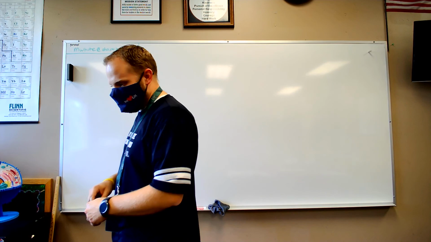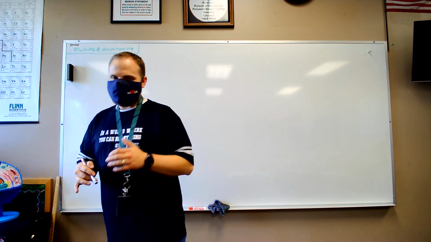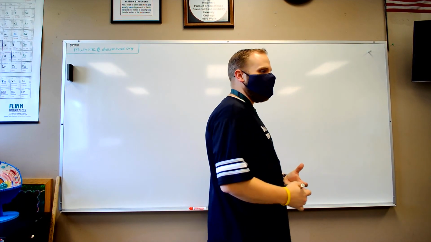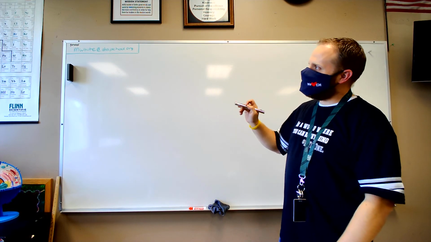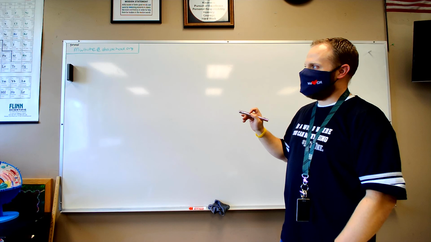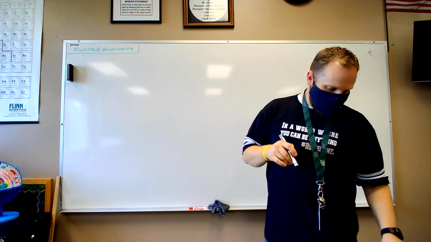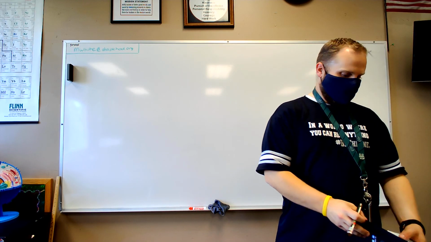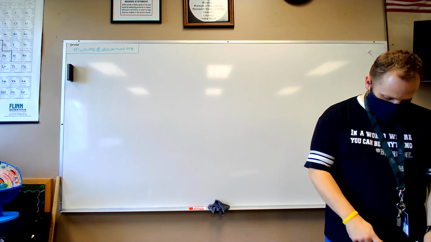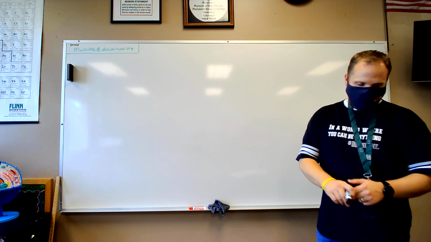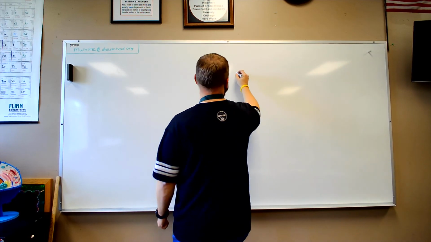First off, let's just review what sort of information we find in each one of these boxes. Now, this periodic table on the wall has more information than the one in your book. So let's start with the one in your book. What kind of information do we see? Well, we have the chemical symbol.